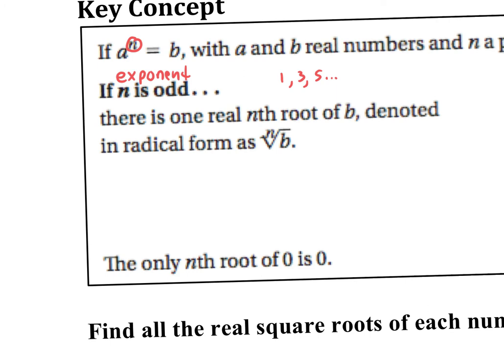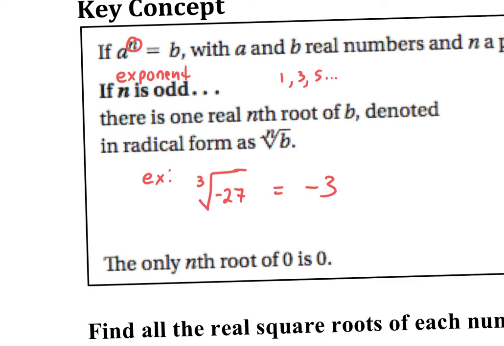Let me write an example. What is the third root of negative 27? Well, the answer is negative 3. Why? Because negative 3 times negative 3 times negative 3, that's cubed, is equal to negative 27. So there's only one of those. Only one. And the answer here is negative 3.